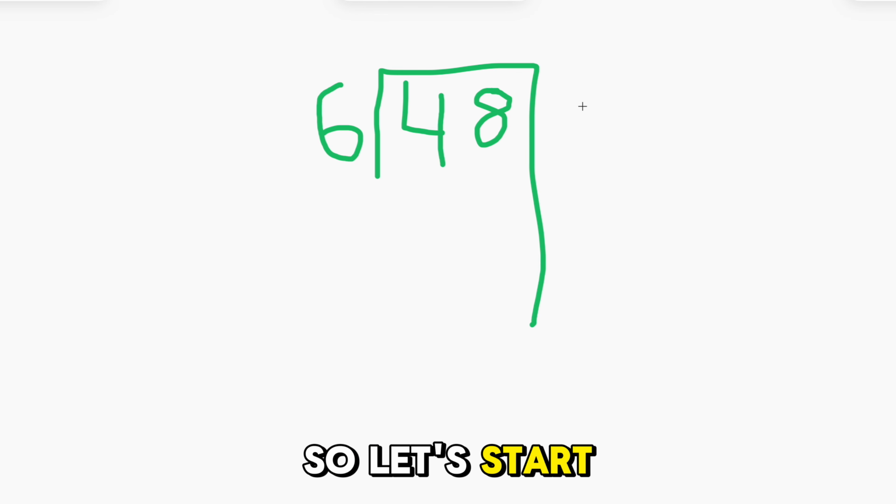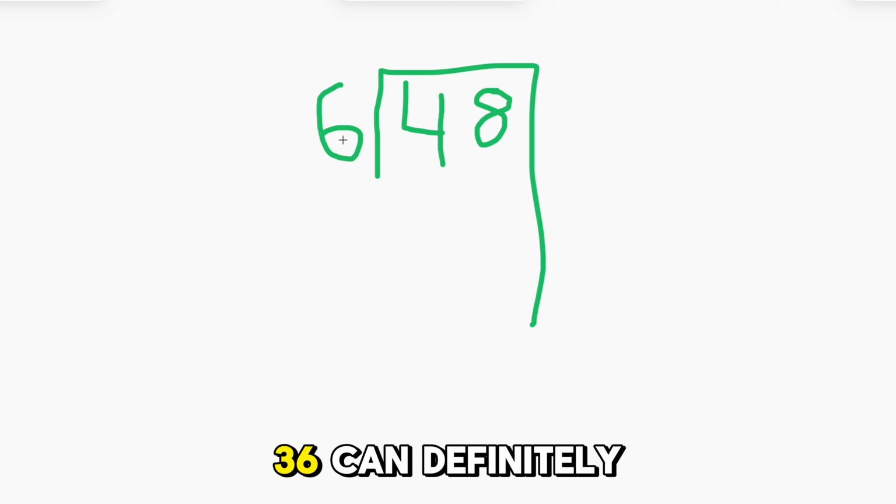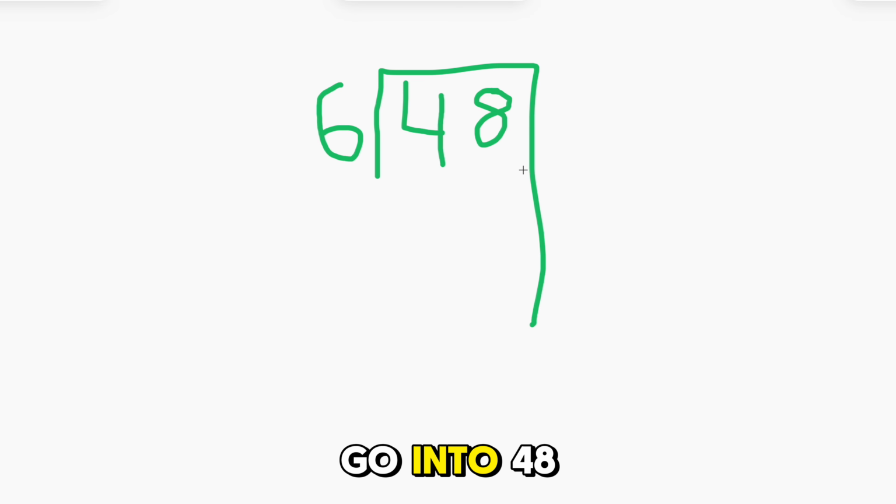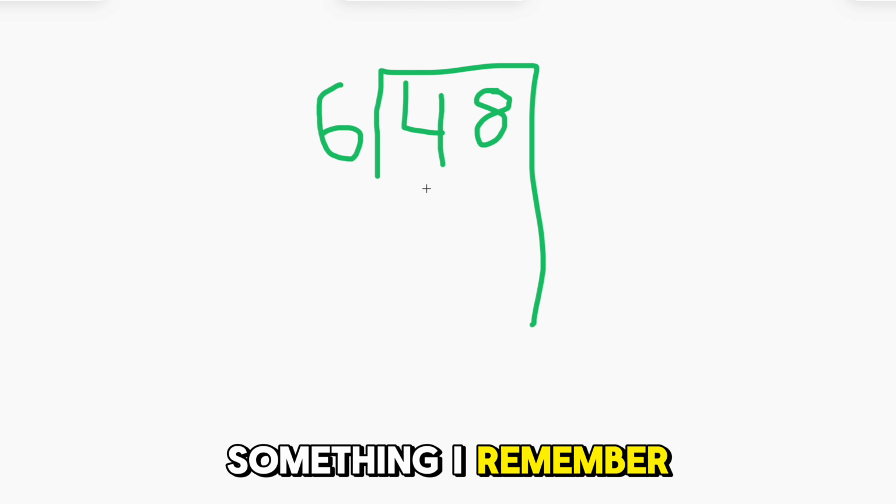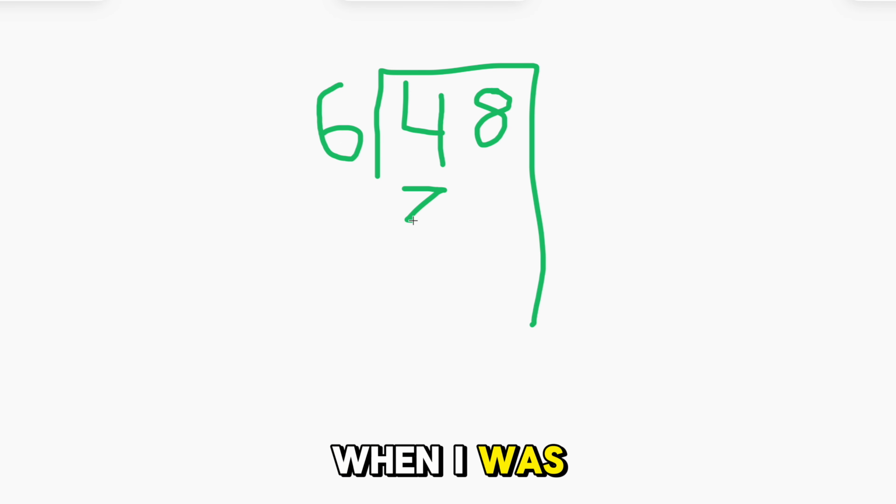So let's start. How many times does 6 go into 48? Well, I don't know. But I do know that 36 can definitely go into 48, and I know 6 times 6 is 36 because that's just something I remember from when I was a kid.